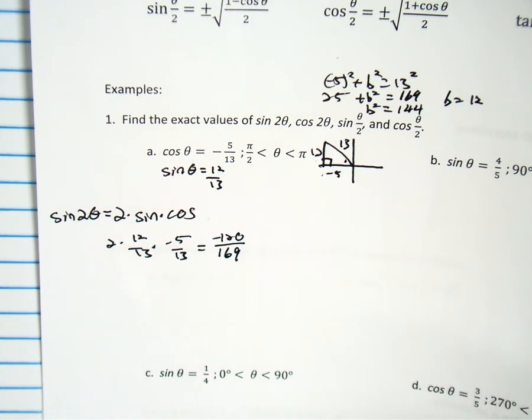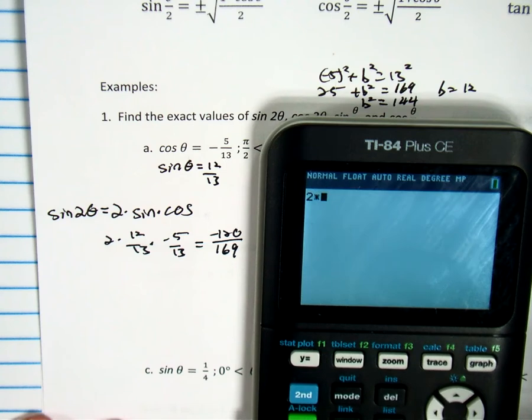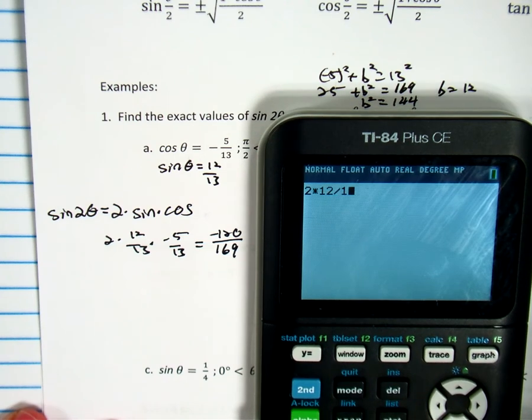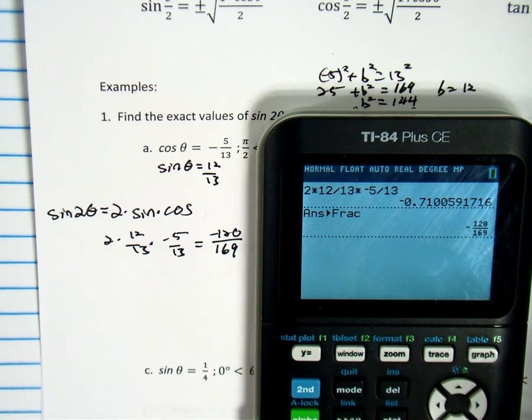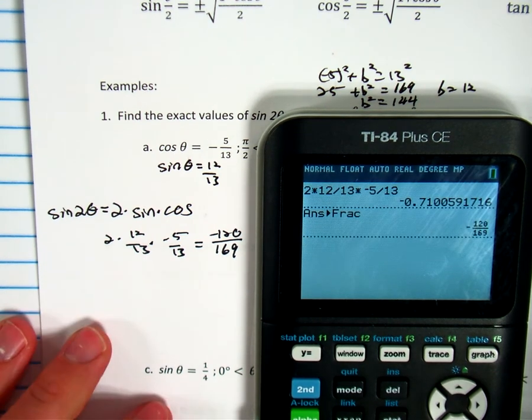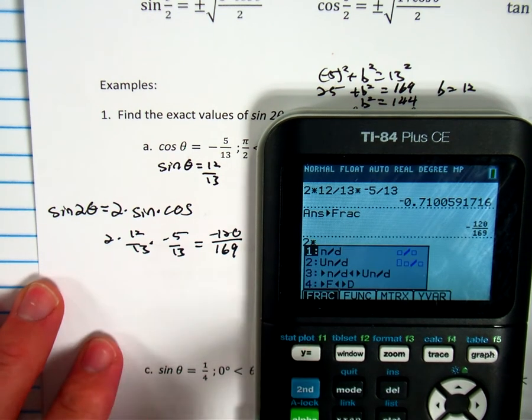It can be helpful with a calculator. 2 times 12/13 times negative 5/13. Math, frac, negative 120 over 169. Maybe you did it with the fraction button. 2 times it's alpha, y equals.